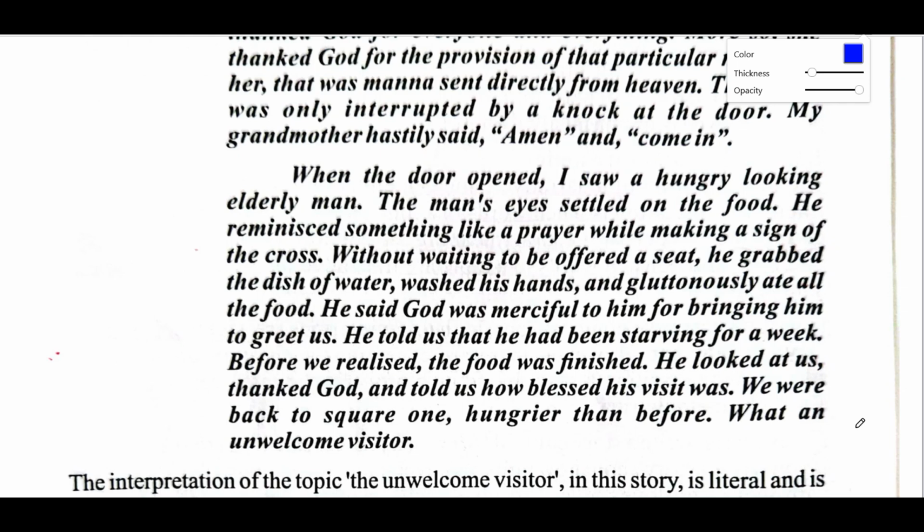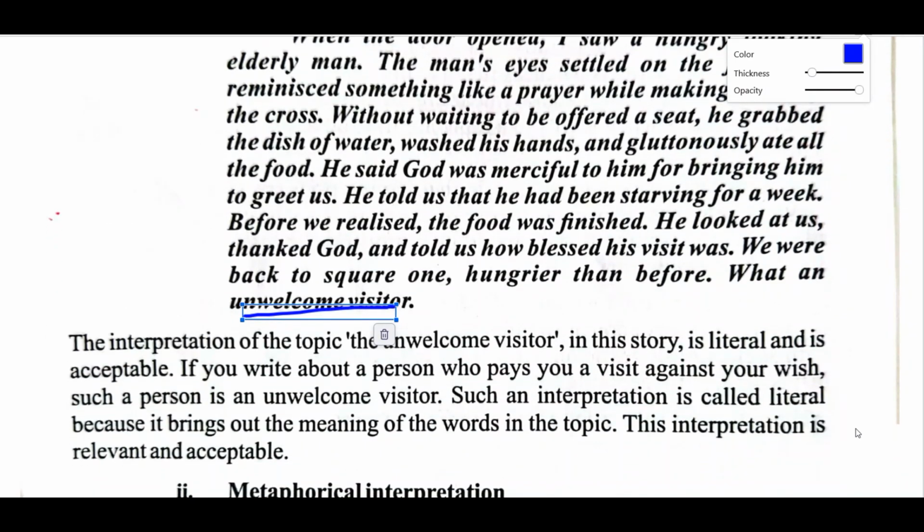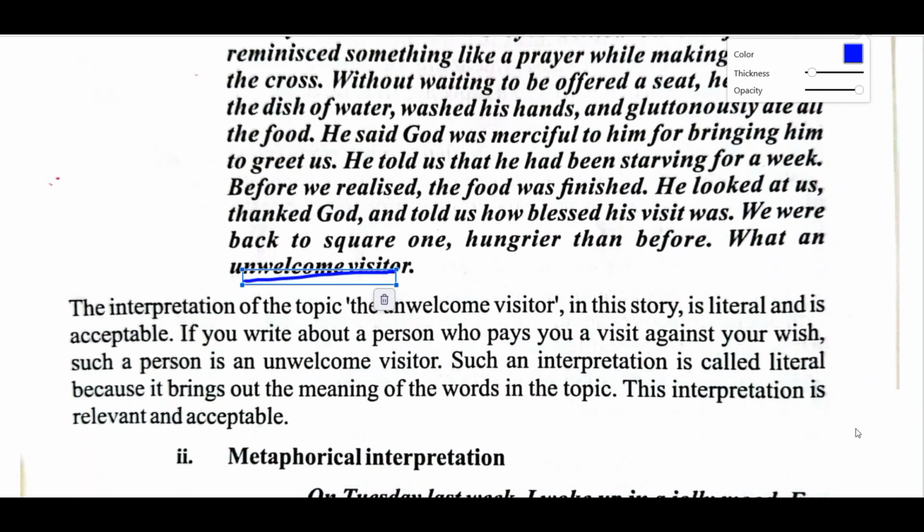What an unwelcome visitor. So, the reason why it is an unwelcome visitor is because they didn't invite him. Now, if you look at the meaning of this paragraph, it's about someone visiting you without your consent. You didn't invite that person.